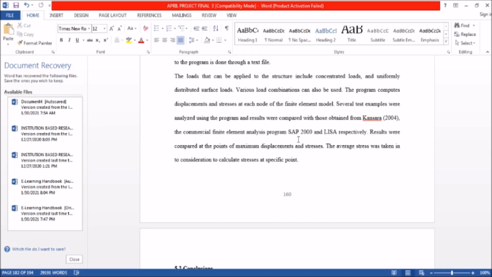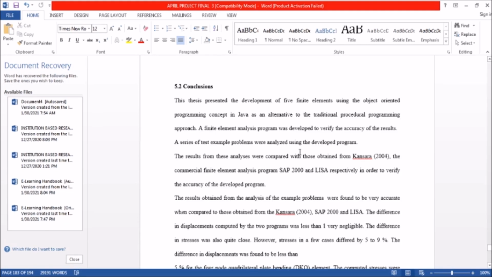Then the next thing we look at is recommendation. You will have to make your recommendation, describing what a new user may also do, or where you stop and where you want a new user to continue. After that, we have the referencing.